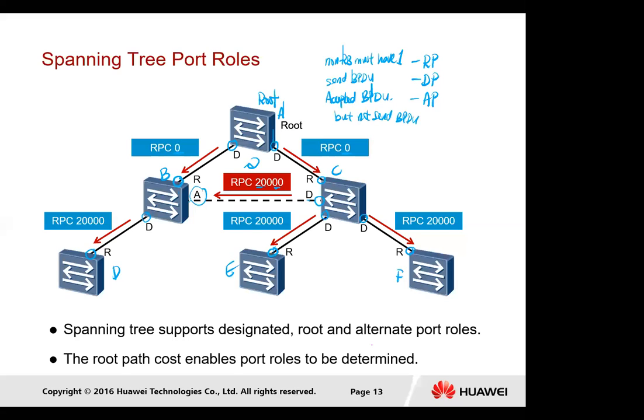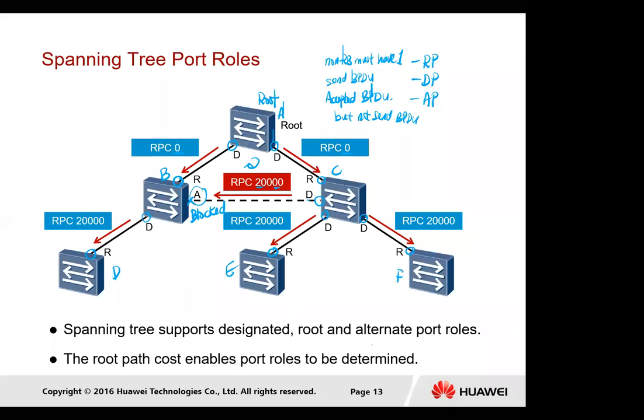This alternate port is to prevent the loop from happening. When it's alternate, this port will be blocked. When the port is blocked, you can't send any traffic going out from that interface.